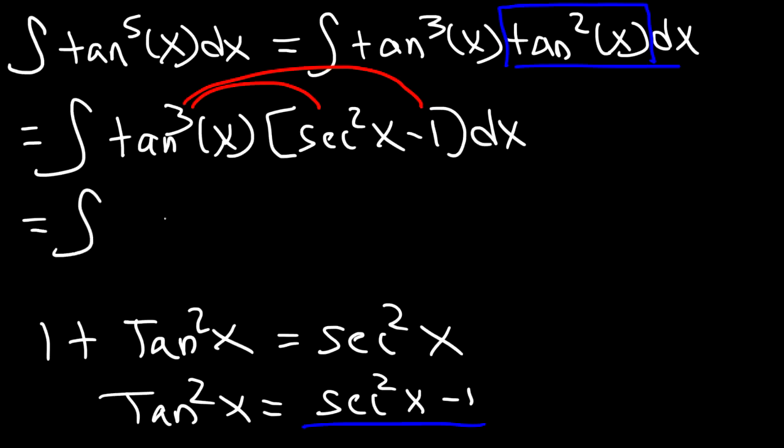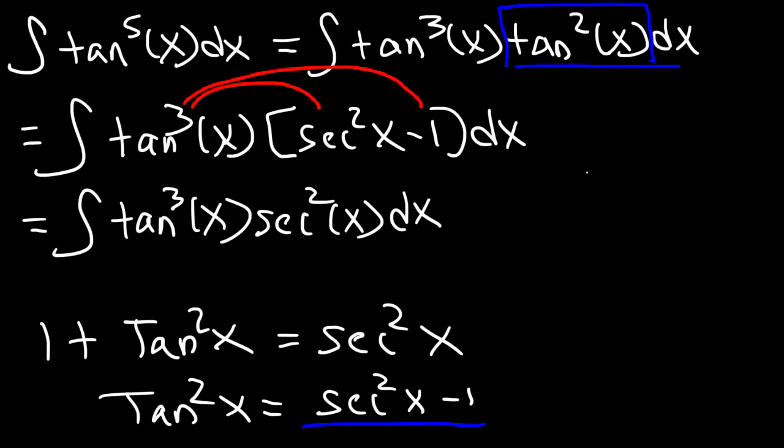So we're going to have the integral of tangent cubed secant squared dx minus the integral of tangent cubed times negative 1. So I already have the negative sign on the outside. So that's just going to be minus integral of tangent cubed dx.